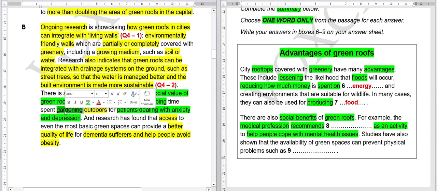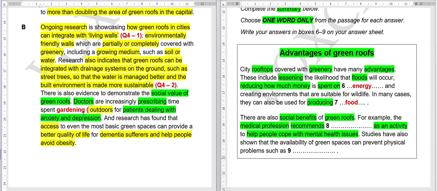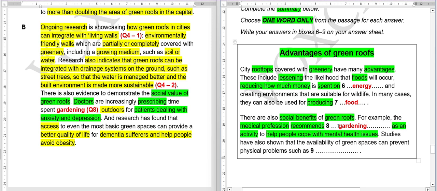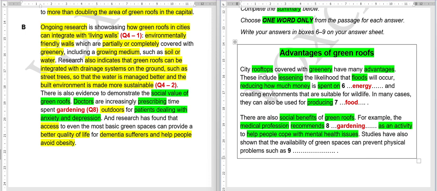I hope you were able to identify this particular answer. If not, don't worry, we will see why this is our answer, how we arrived at it. But just give me 1 second to mark this particular question, to write the location and answer in the blank. Now here they are saying medical profession recommends.